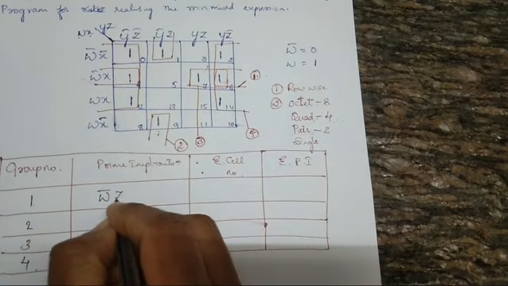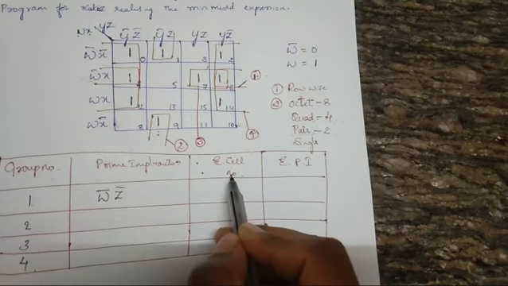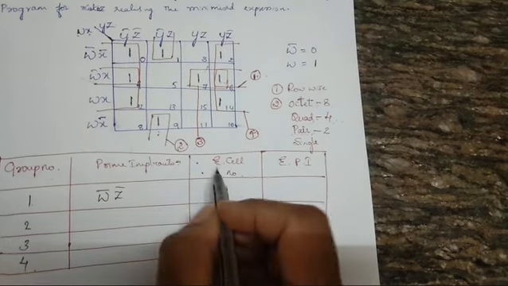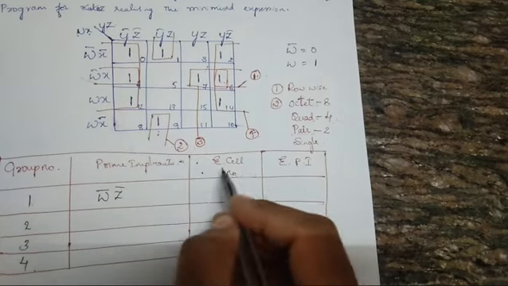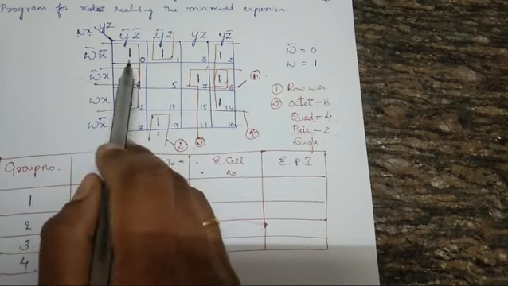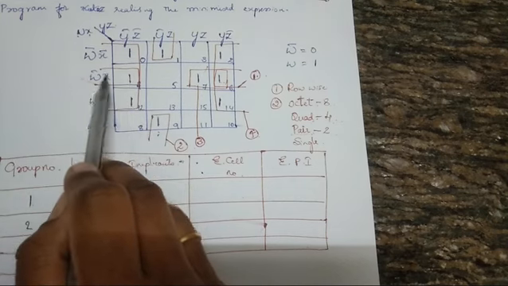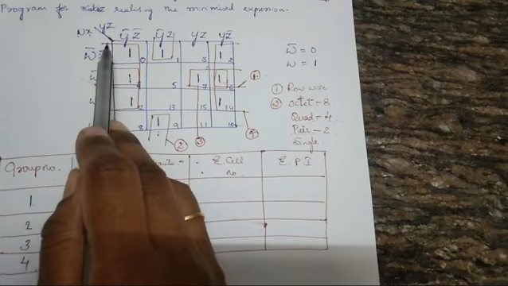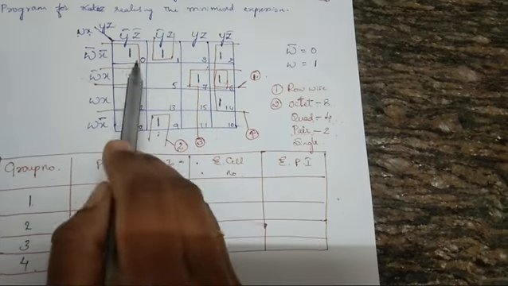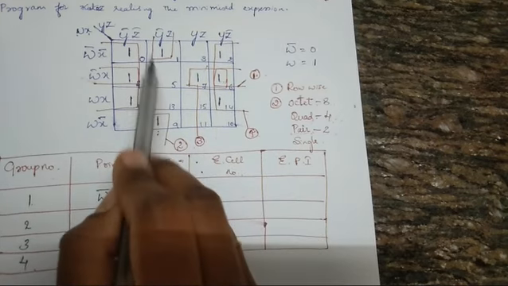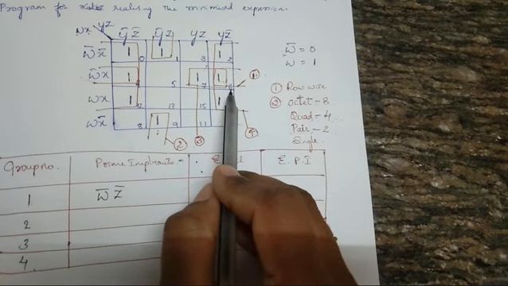Okay, next, what do you mean by essential cell numbers? Here I have to write the cell numbers, that is 0, 1, 2, 3, 4, 5 like this, where the one is not being reused by another group. Meaning, see here, for the group number 1, it has the cell number 0, cell number 4, cell number 2 and cell number 6, right?